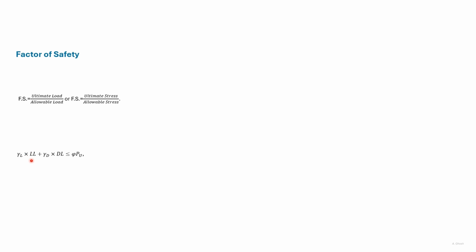So in a floor in a building, the inhabitants of the floor form the live load. Gamma D is the dead load factor, and DL contains all the concrete and steel and other materials. Phi is the resistance factor that is related to the structure.